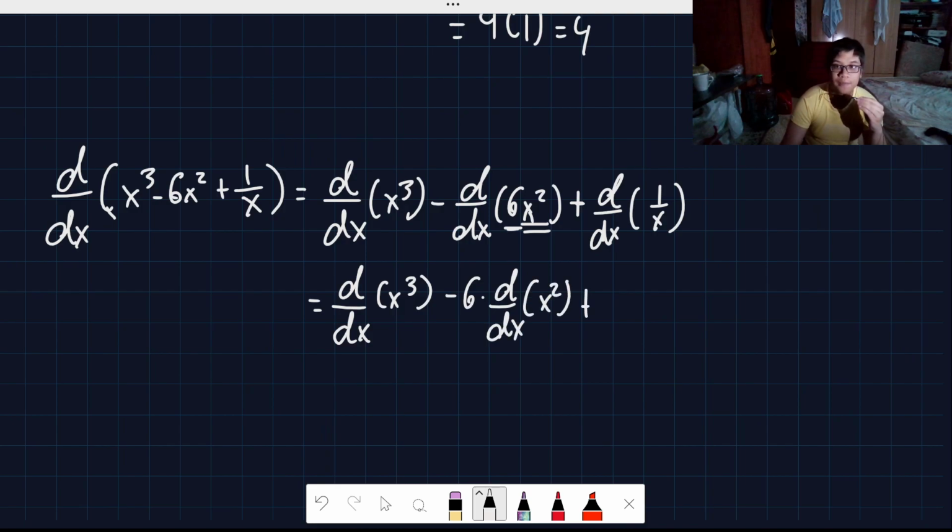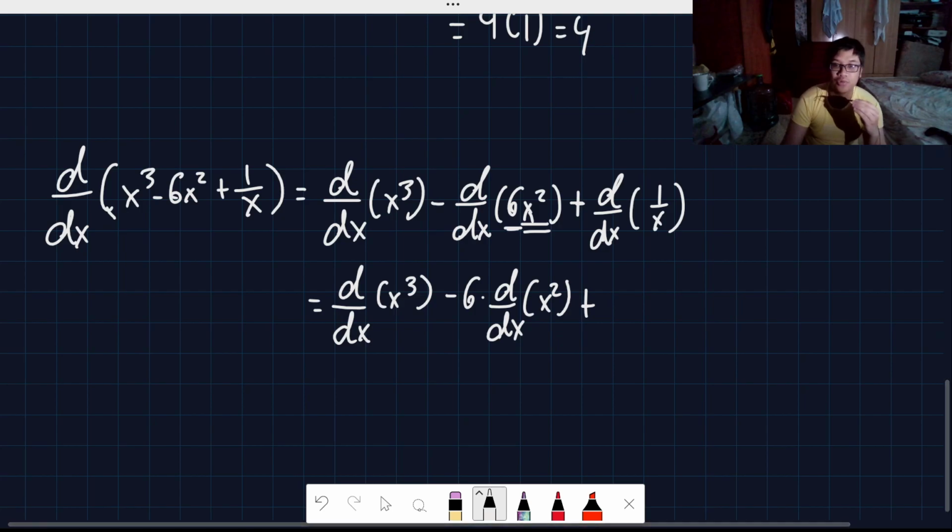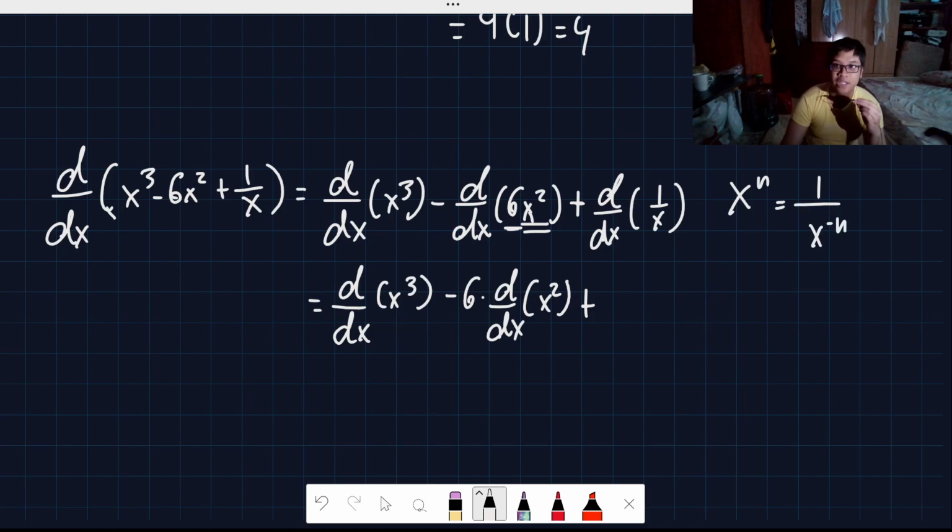All right? Then for this case, it seems like it's impossible for us to differentiate this, because we have a variable below the fraction. So what we can do here is bring it up, according to a law of exponent, the reciprocal law of exponent, where if you have x raised to n, you can just have 1 all over x raised to negative n.